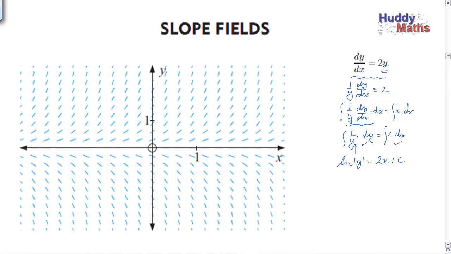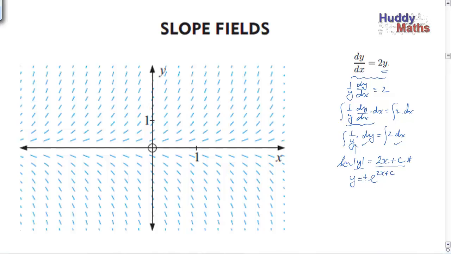So ln mod y, the log of the modulus of y, is this. Therefore, y equals, that's a power, isn't it? If log is 2x plus c, it means it's a power of e to the 2x plus c.